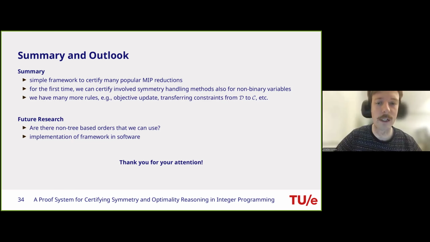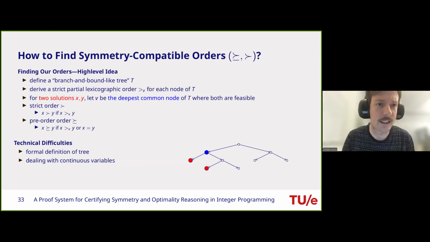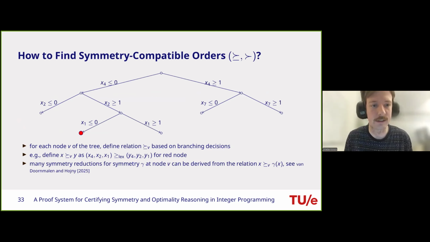I was wondering about the order in the symmetry breaking, because you said you have your tree and then you generate the lexicographical order essentially over this tree. Yeah, this slide. But then you have this order, and maybe later you want to break a related symmetry that also includes some of these variables, but also some other variables.